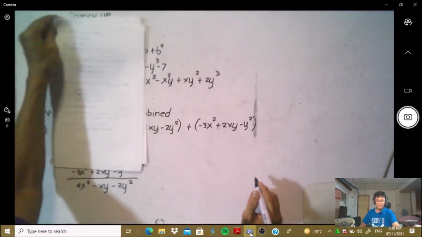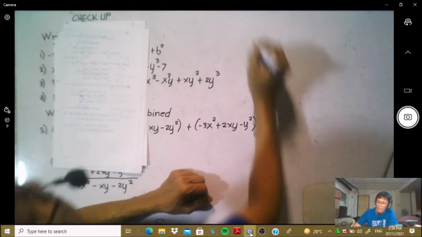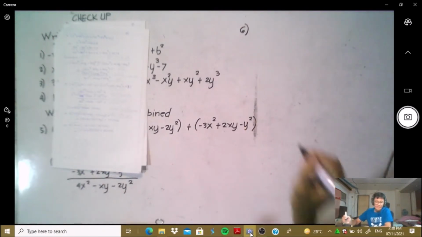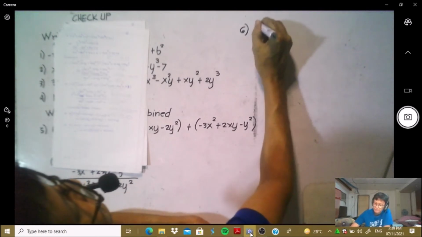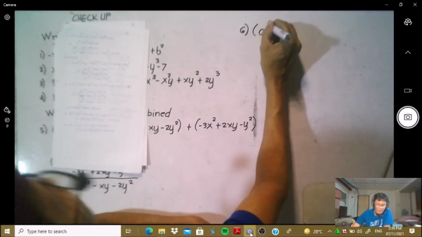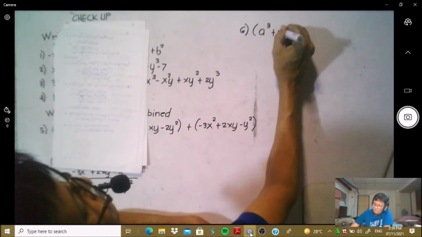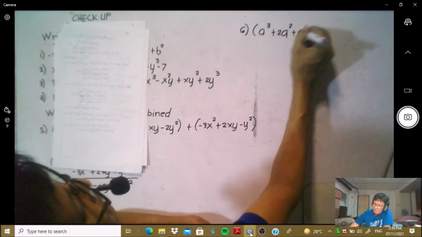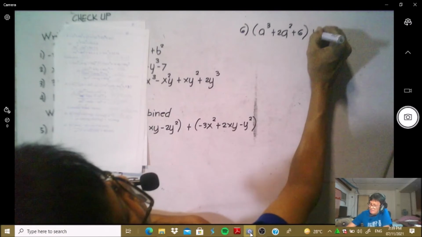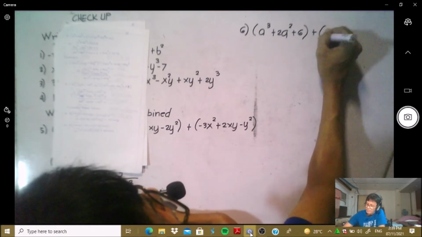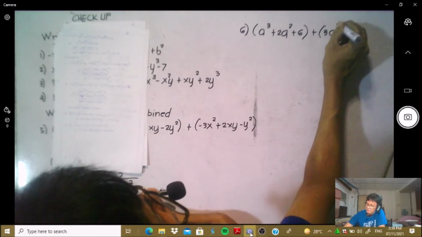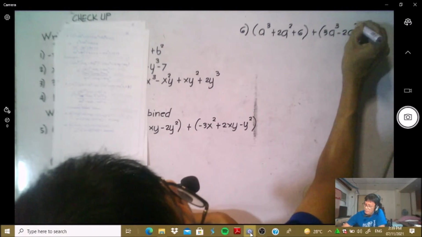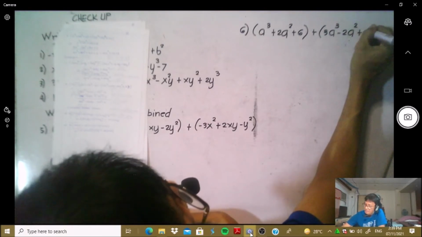Okay, then let's proceed to problem number 6. For number 6, we have a cubed plus 2a squared plus 6, then plus 3a cubed minus 2a squared plus 3a.